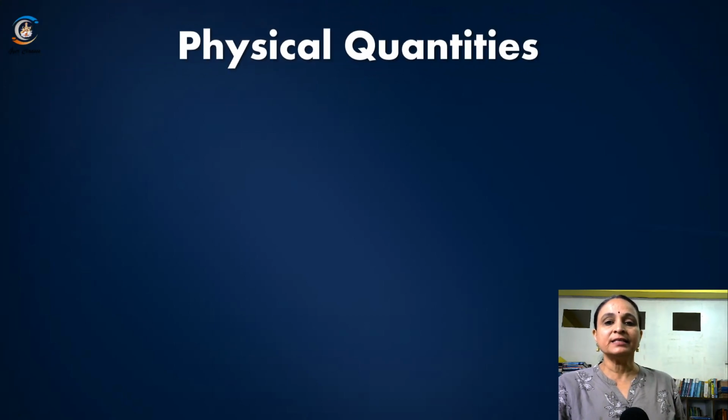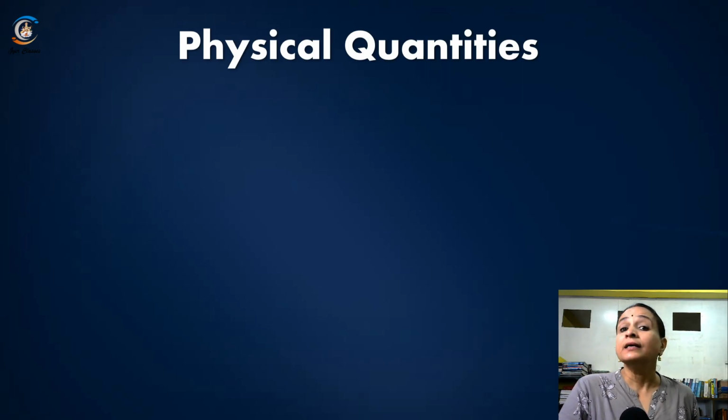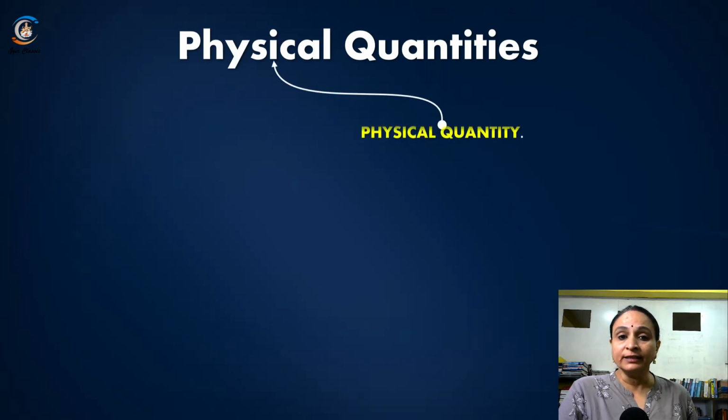Let's do it. The first thing is I need to define physical quantities. What are physical quantities? Physical quantities are distance, time, mass, then current, luminous intensity, then moles. All these are called physical quantities, right?